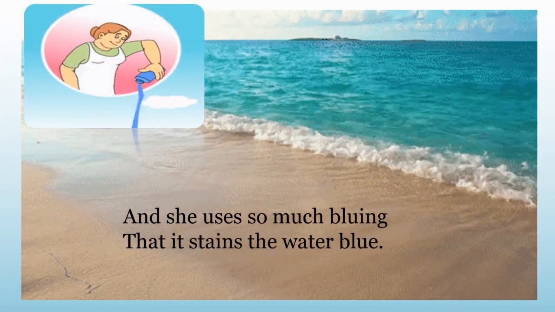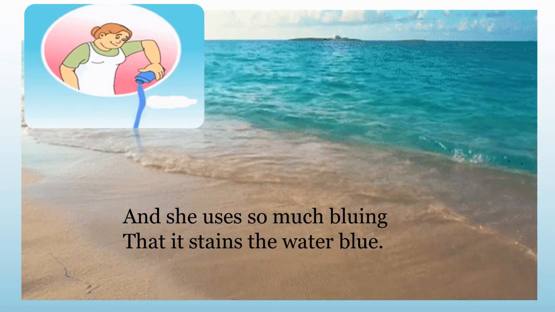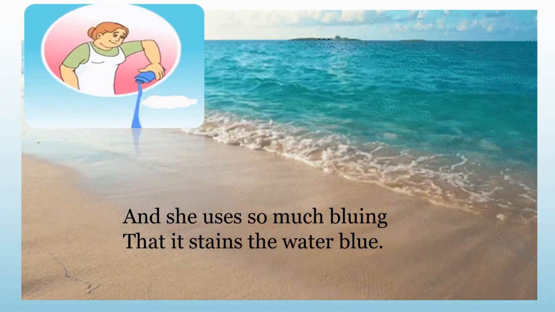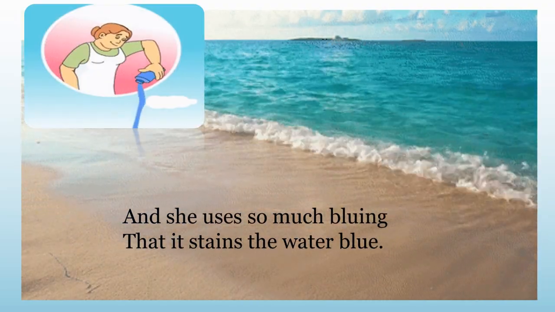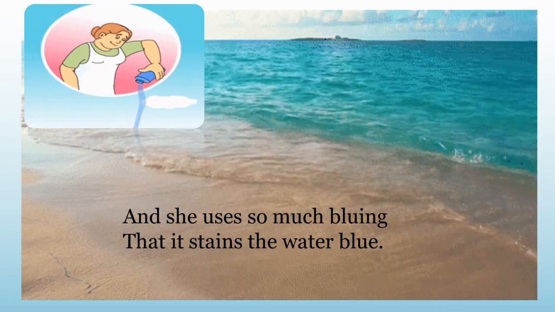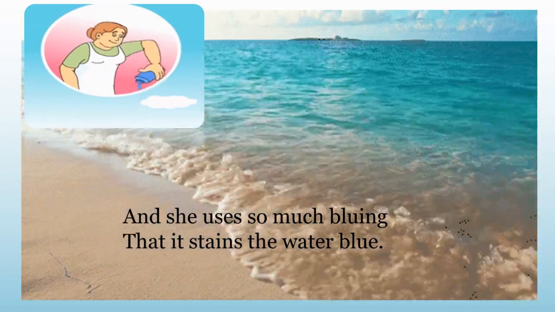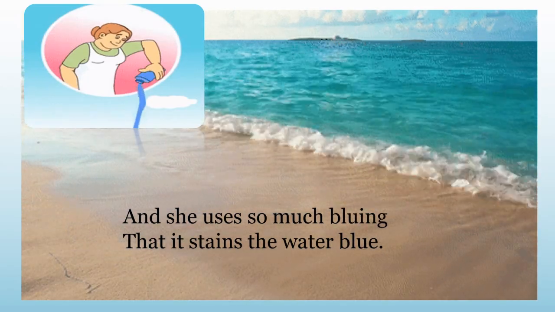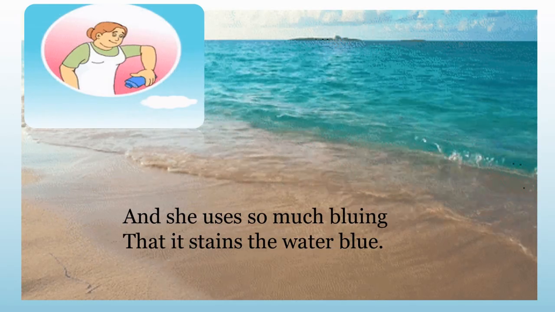and she uses so much bluing that it stains the water blue. Now students, the poet is telling that Mrs. Ocean, when she is washing the clothes, she adds bluing, that is blue color, to the water. Okay, students, do you all know that water doesn't have any color?